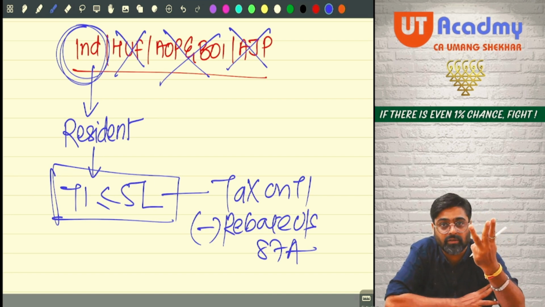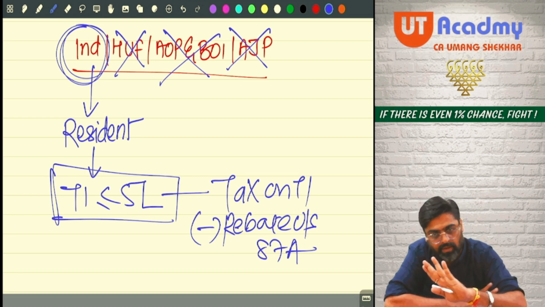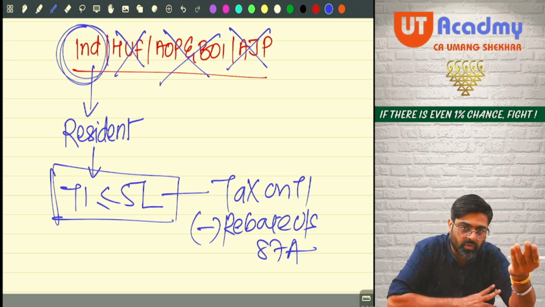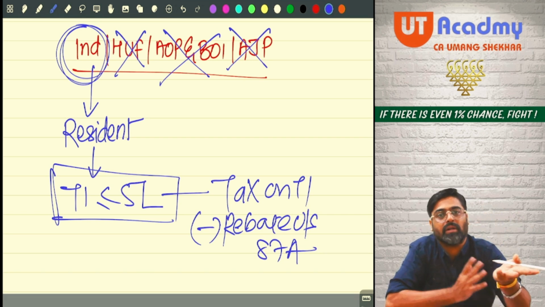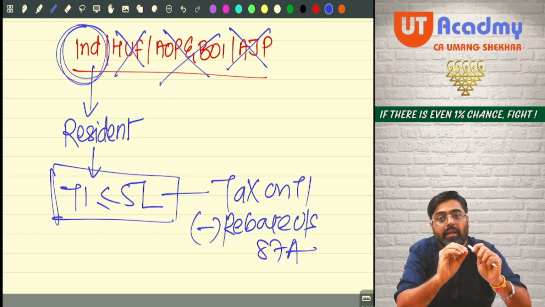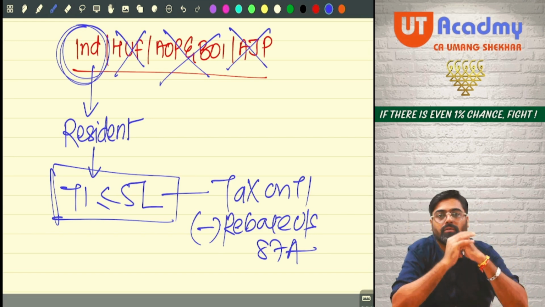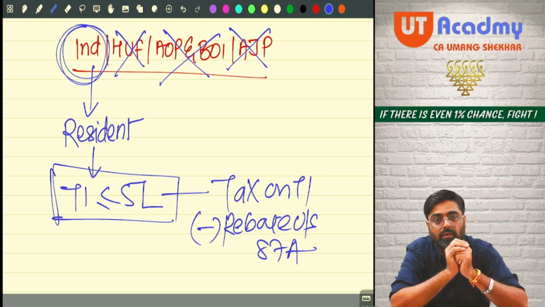So 3 conditions. You should be an individual. You should be a resident. Your total income should not be more than 5 lakhs. If all the 3 conditions are fulfilled, on your total income, whatever tax you have calculated, special tax, normal tax, entire tax, you can claim rebate of that tax. How much tax? How much rebate?